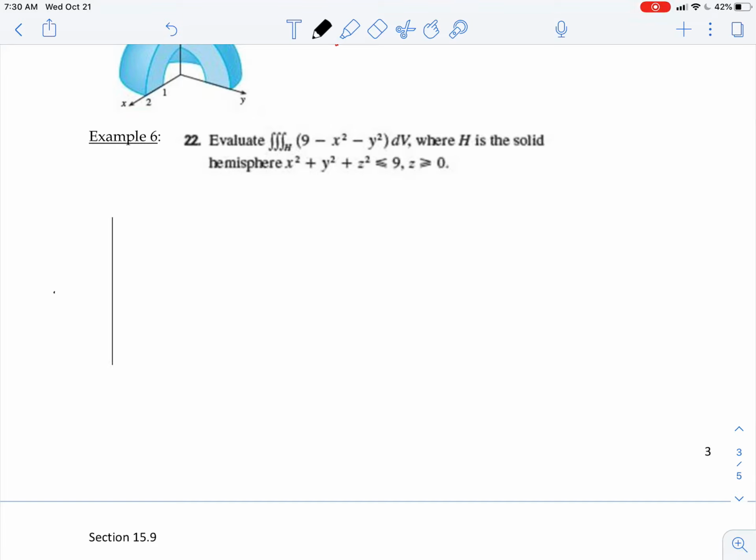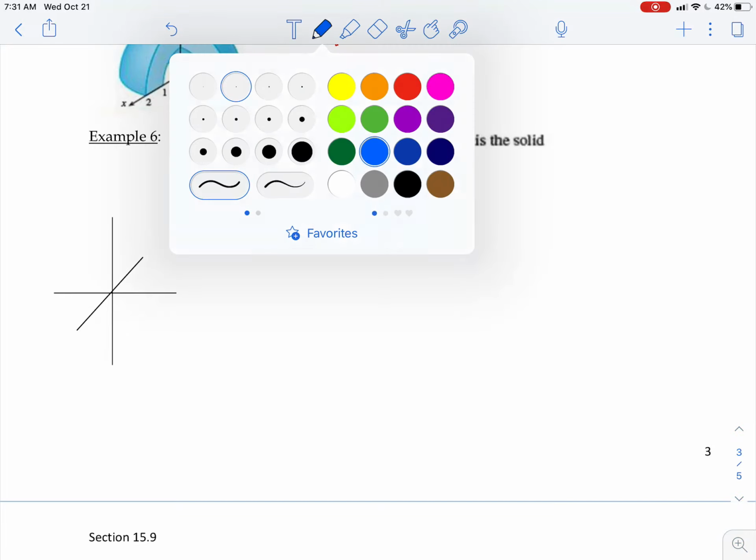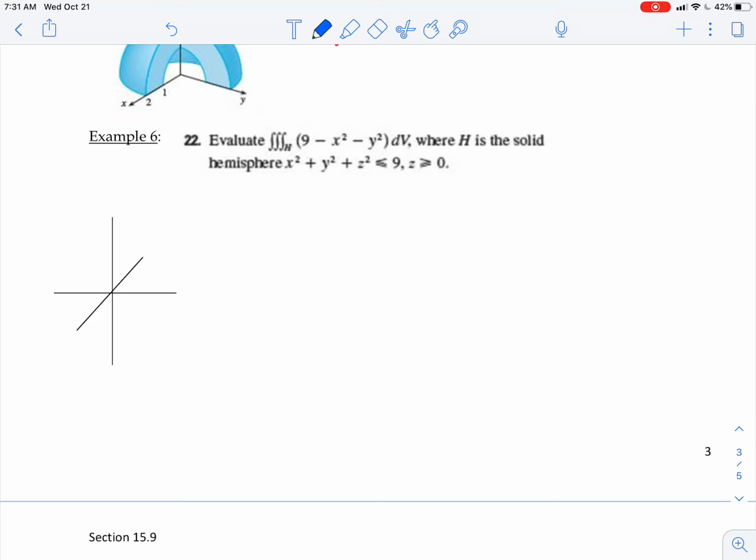We're told that we're in the positive hemisphere, so I'll draw the whole thing. Basically, it's the sphere above the xy plane. It's going to be solid because it's less than or equal to 9, and our radius is going to be 3.